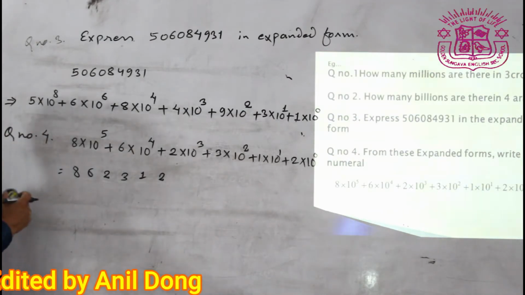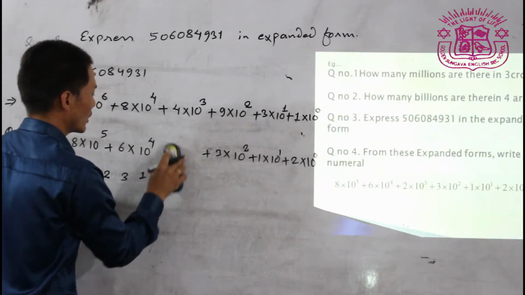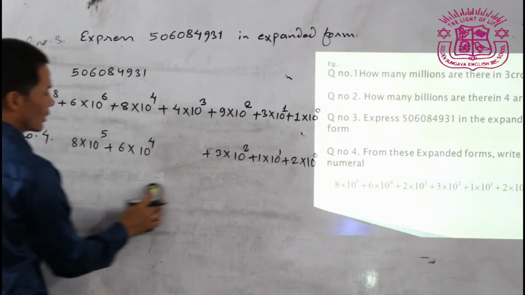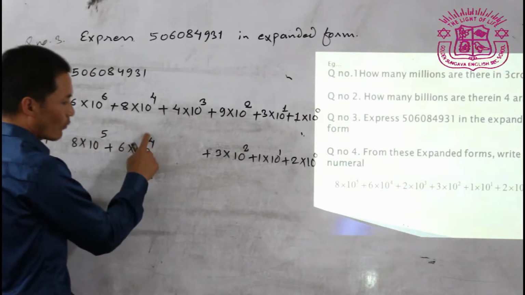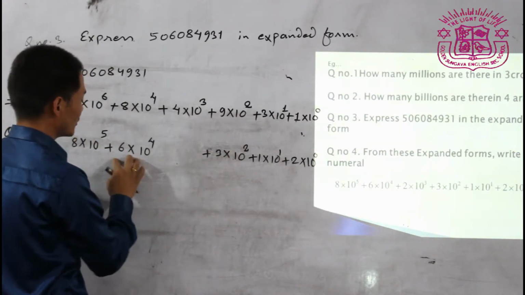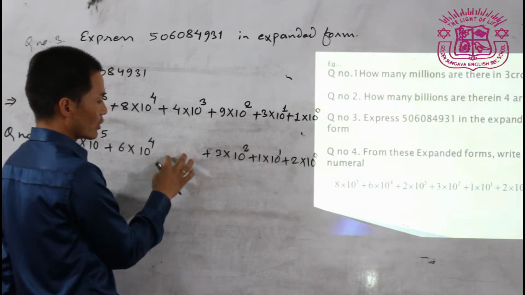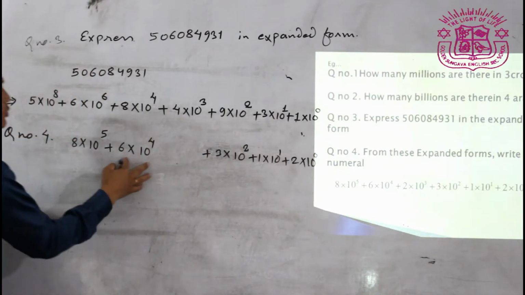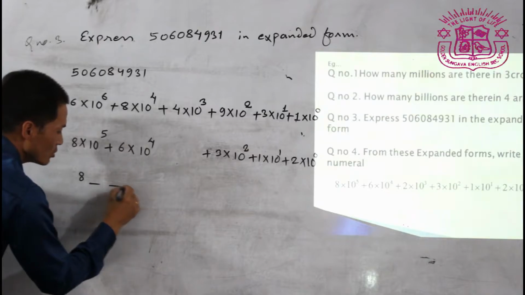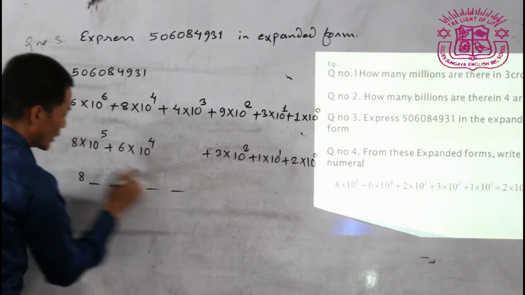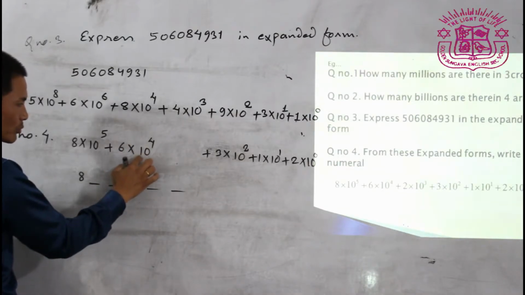And if there is a missing part, suppose we have 8 times 10 to the power 5 plus 6 times 10 to the power 4, and the series jumps, plus 3 times 10 to the power 2. The 10 to the power 3 term has been erased. So in this way, we write 8 and then 5 blanks, then 6 times 10 to the power 4: after 6 there must be 4 digits.